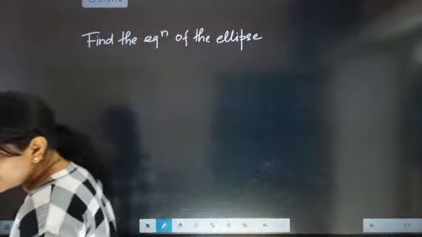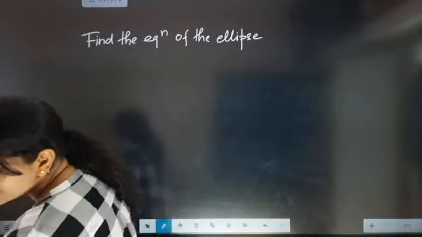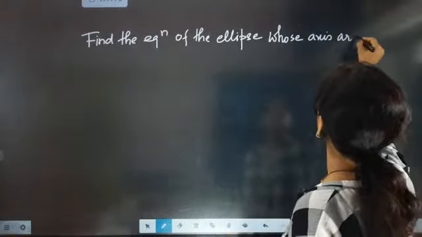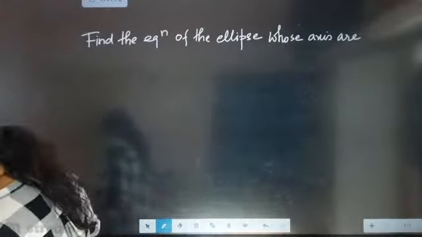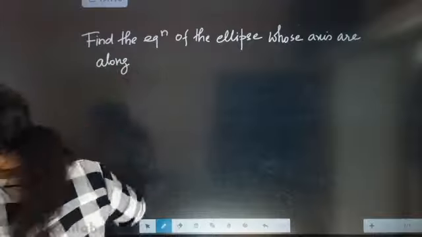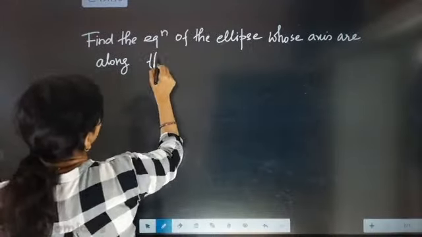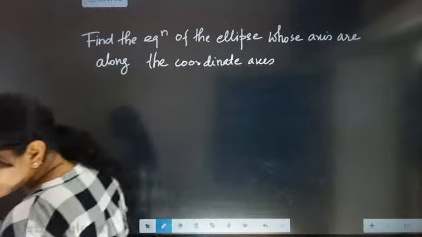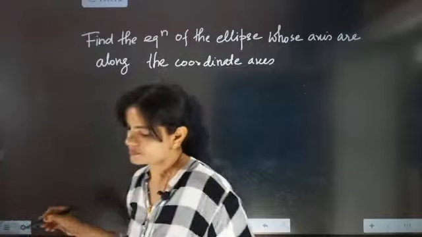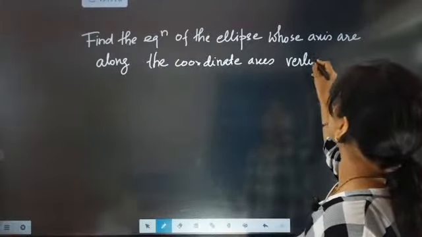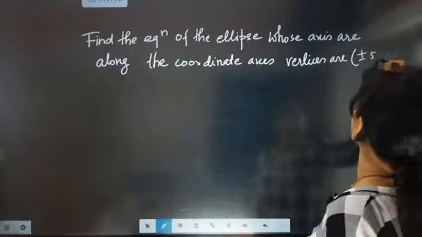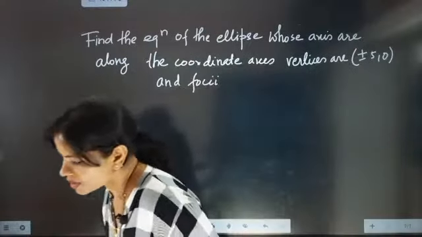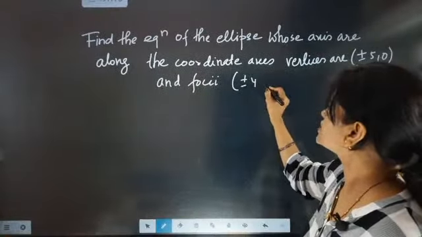Find the equation of the ellipse whose axes are along the coordinate axis, vertices are plus minus 5, 0 and foci are plus minus 4, 0.